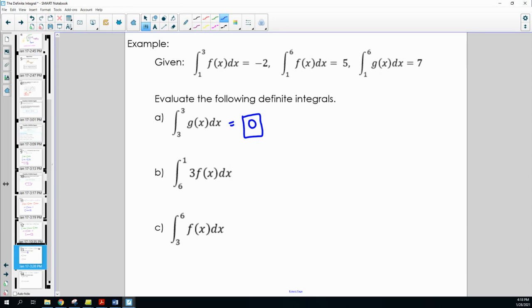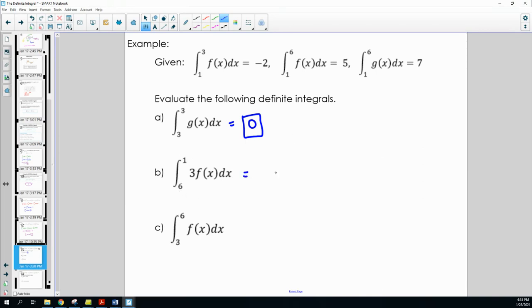For b, we want the integral from 6 to 1 of 3 f of x dx. Now, I have a problem here because my limits of integration are not in the correct order. I have the 6 on the bottom and the 1 on the top. I need my 1 to be on the bottom. So in order for that to happen, I have to negate it.